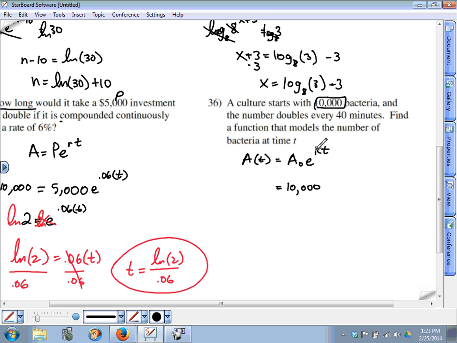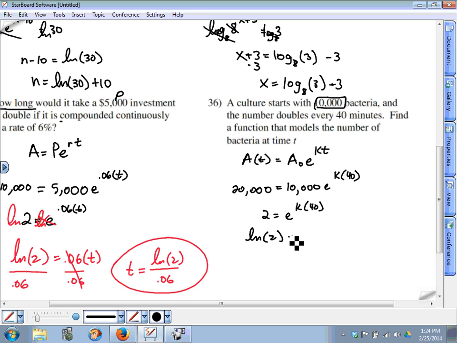Now, what they haven't given us is the growth factor. We have to first solve for the growth factor before we can finish this function. Now, it says that 10,000 becomes 20,000 in 40 minutes, so we're going to allow time to equal 40 minutes. Divide by 10,000 on both sides, you get 2 is equal to e to the k times 40.